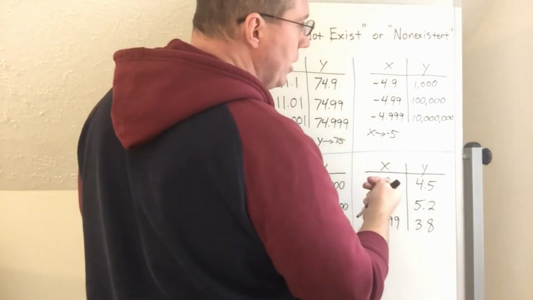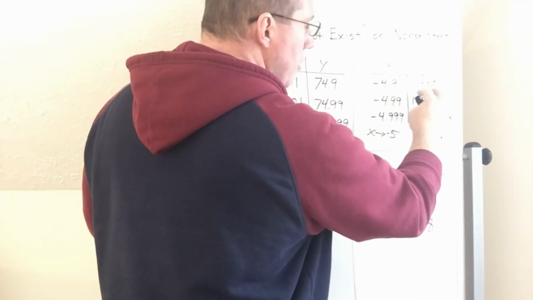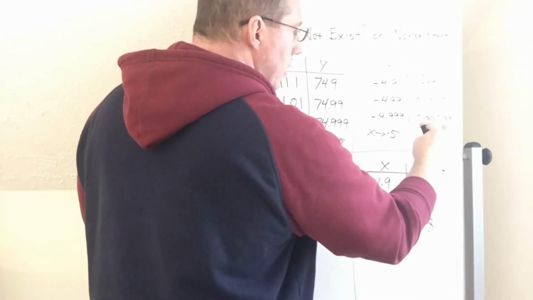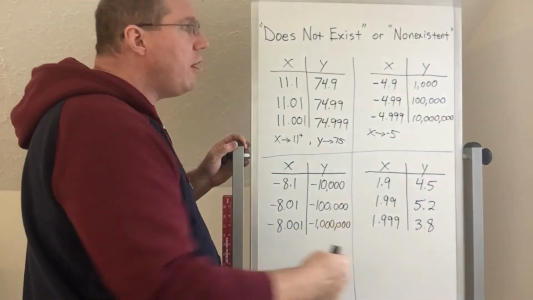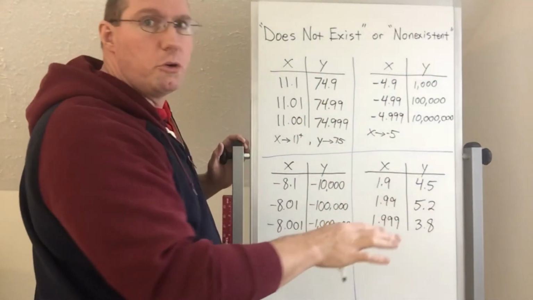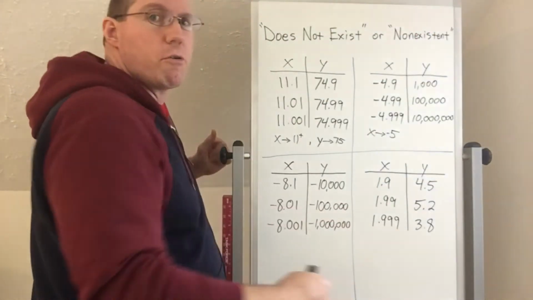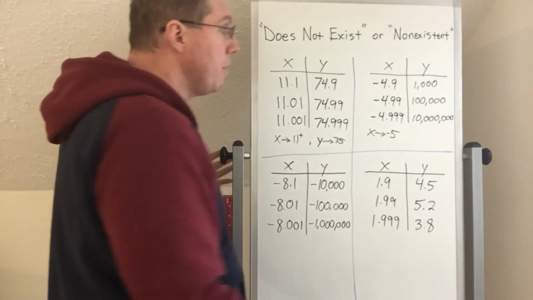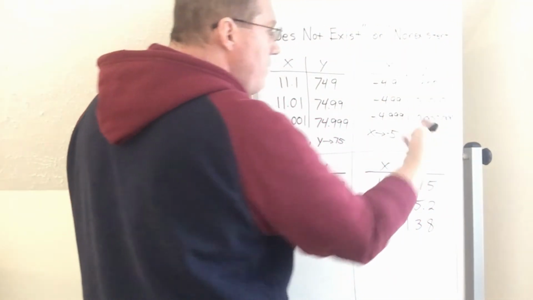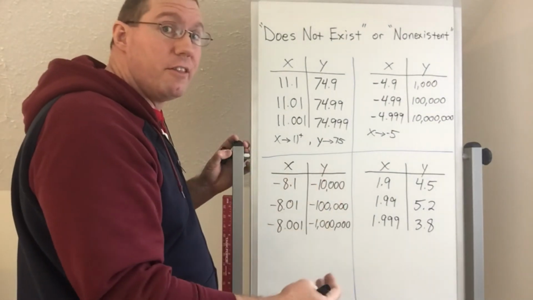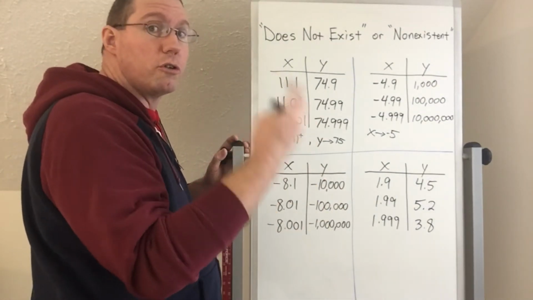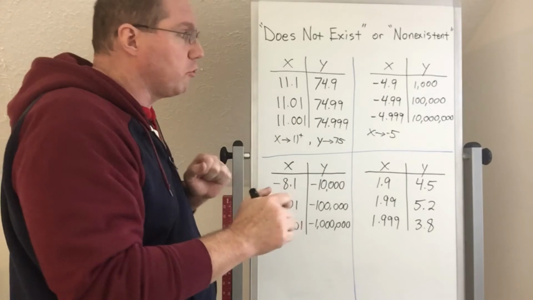Well, y is not approaching any number at all. We've got 1,000, then 100,000, then 10 million. The numbers, instead of getting closer to one number, are getting farther and farther away from 0, right? In fact, it looks to me like these values are approaching infinity. They're just getting infinitely larger and larger without getting closer to a number.